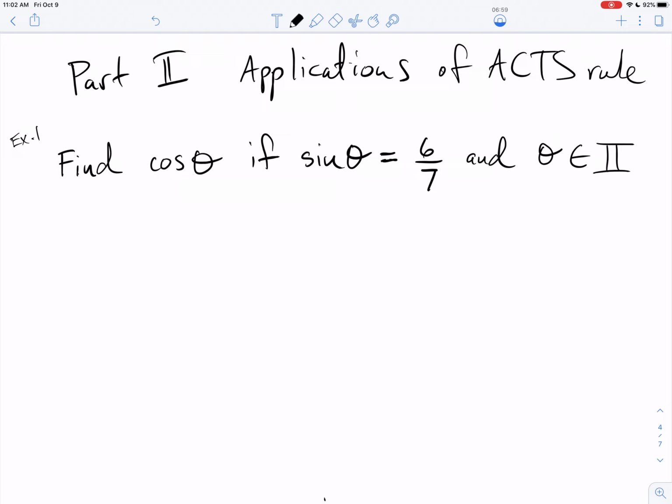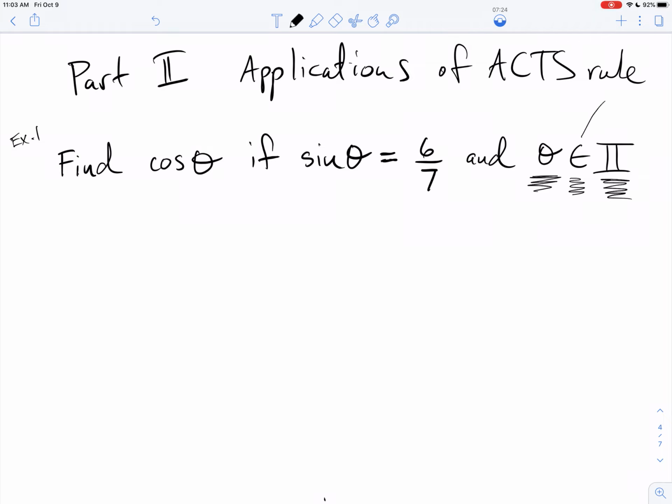My first example says find the cosine of some angle theta if, and now they're giving me some information. They're saying sine of theta equals 6/7, but they're also saying that that theta is in quadrant 2. This means the angle theta is an element of quadrant 2.